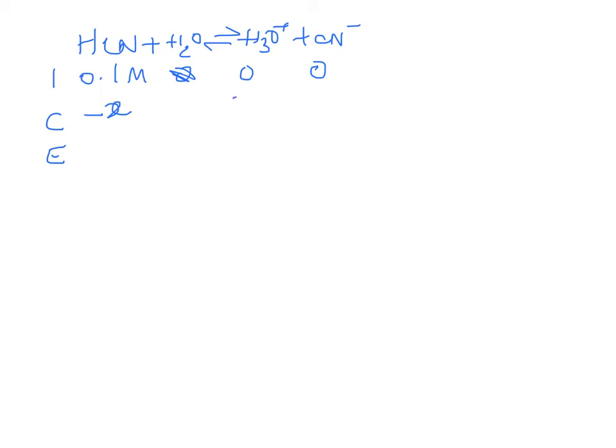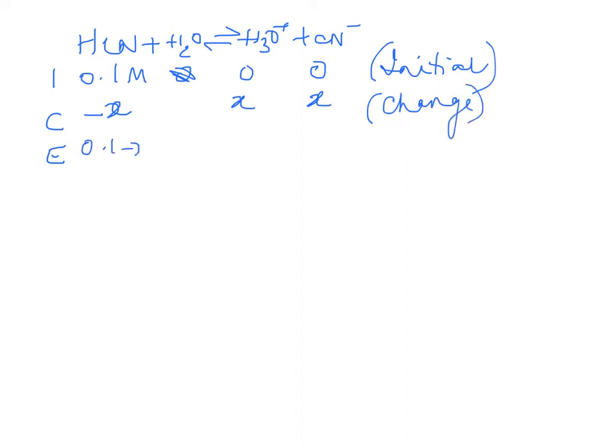What that would mean is that X moles of hydronium and X of cyanide would get generated. And so you're going to end up at equilibrium. The way we figured out equilibrium was that you simply add the initial and the change. This is the initial, this is the change. And so you would say it's 0.1 minus X. This is X, and that is X as well.